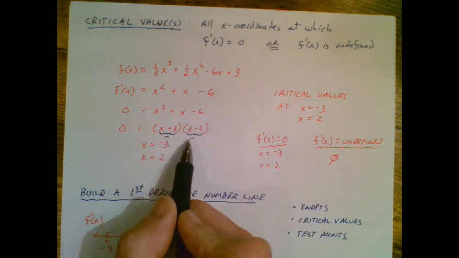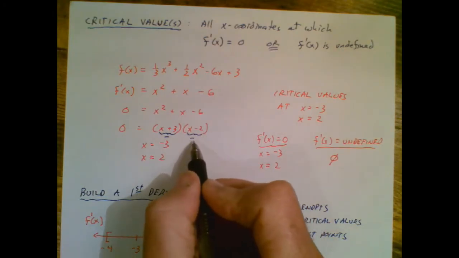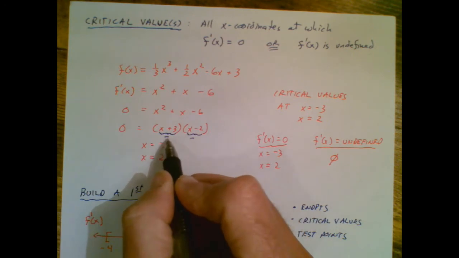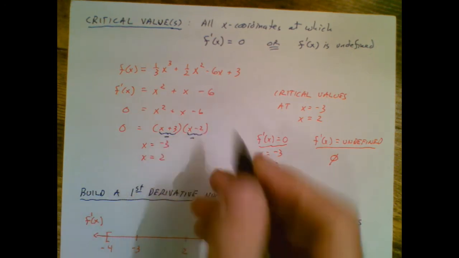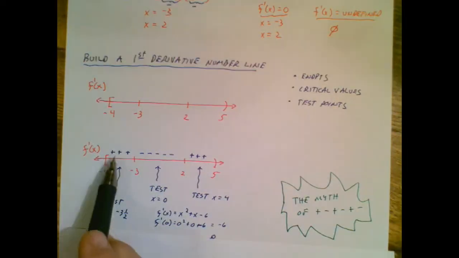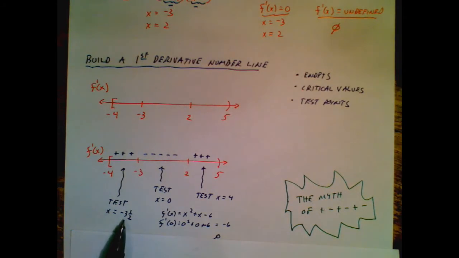A negative times a negative gives me a positive. Since I only care about the plus minus of the answer and not the actual answer, the negative times a negative giving me a positive is really easy to plug into that number line. So it's not as bad as it looks.